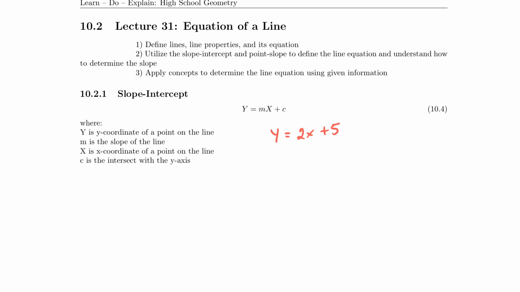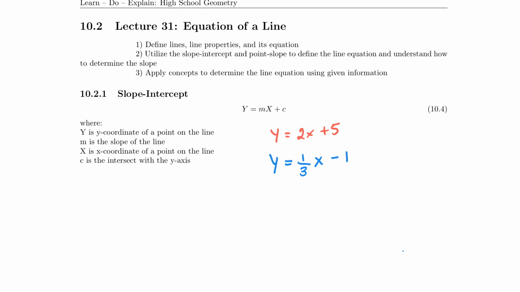Some other examples of this slope-intercept equation of the line could be y equals 1/3 of x minus 1. In this equation, y again is the y coordinate of a point, x is the x coordinate of a point in the line, 1/3 is the slope, and this line intersects the y-axis at -1.